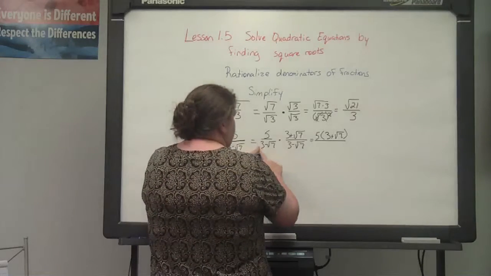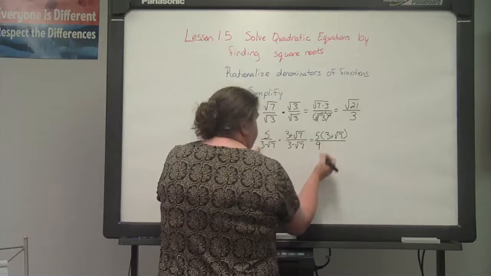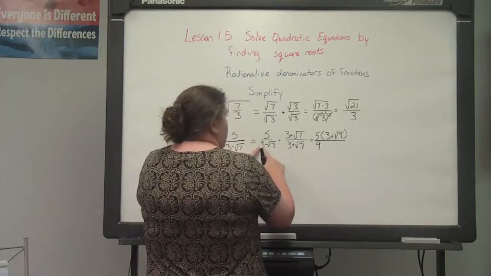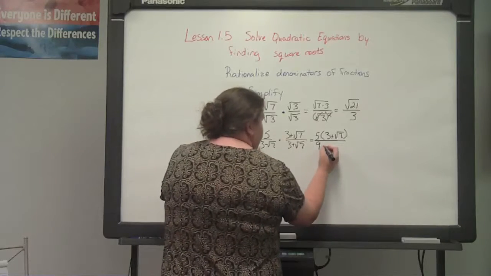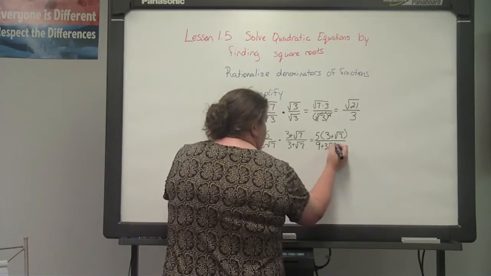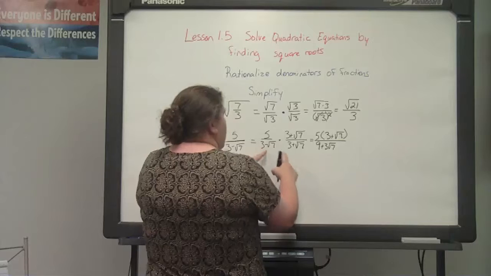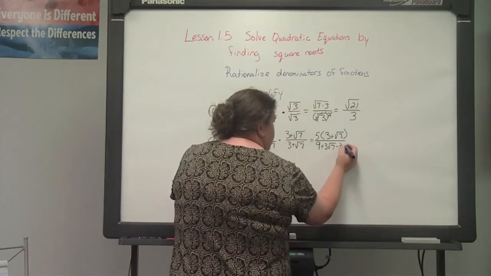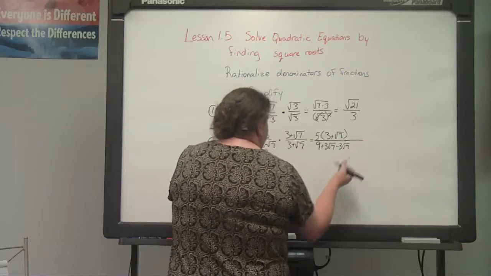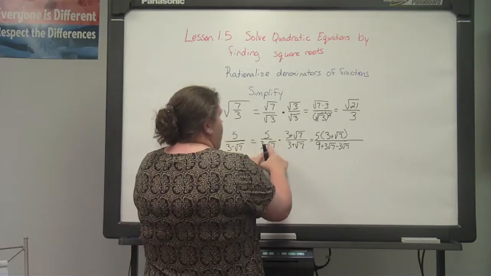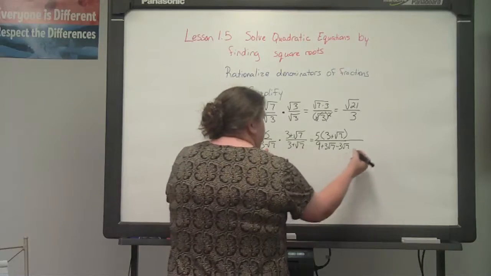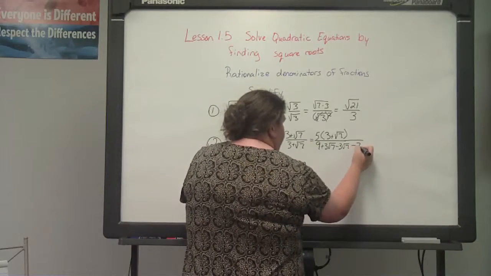So I want to do 3 times 3 gives me 9. 3 times a positive square root 7 gives me plus 3 square root 7. A negative square root 7 times 3 gives me a minus 3 square root 7. And then a negative square root 7 times a positive square root 7 gives me minus 7.